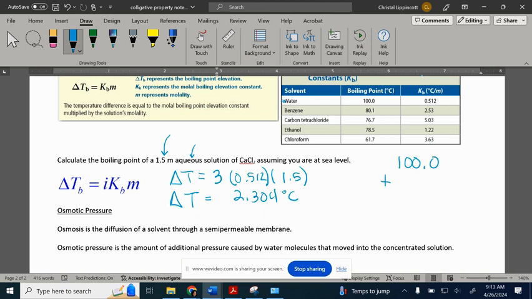So I'm going to find my boiling point in my chart up here for the substance I'm dealing with, and I'm going to add this amount to it. So my new boiling point, which is what they asked us for, is going to be 102.